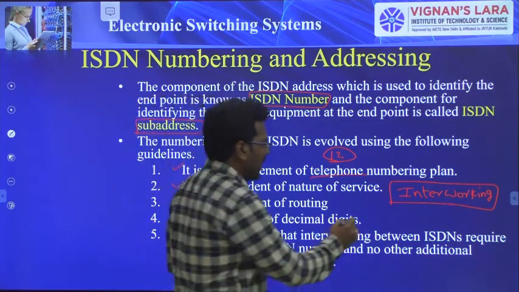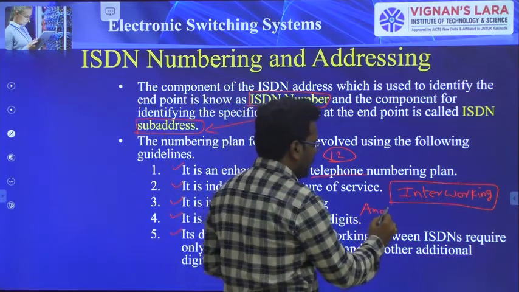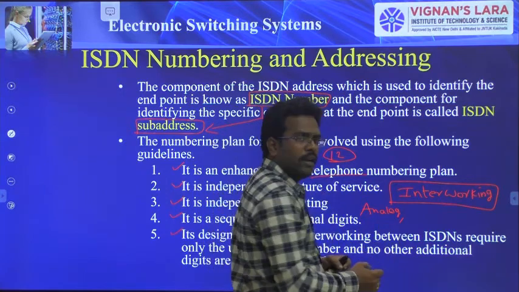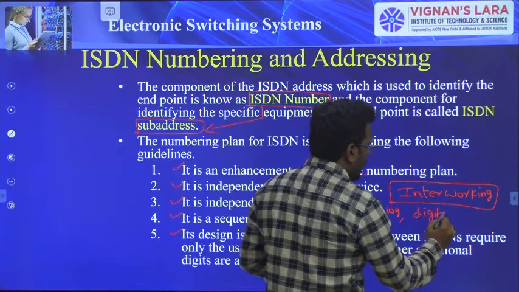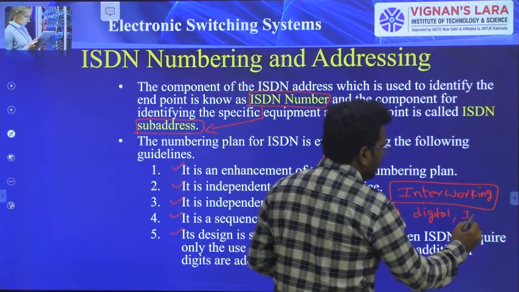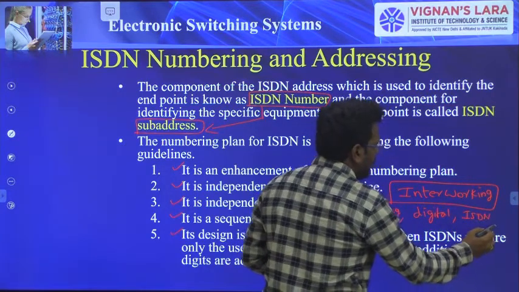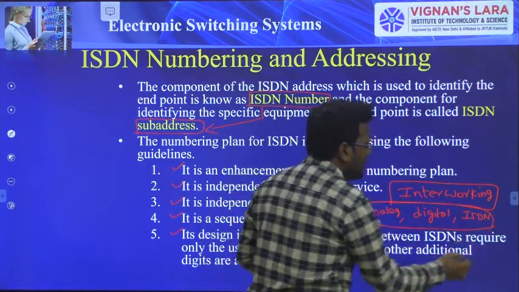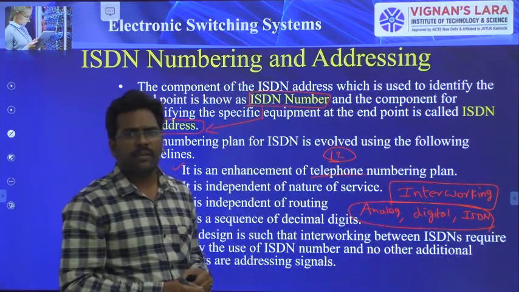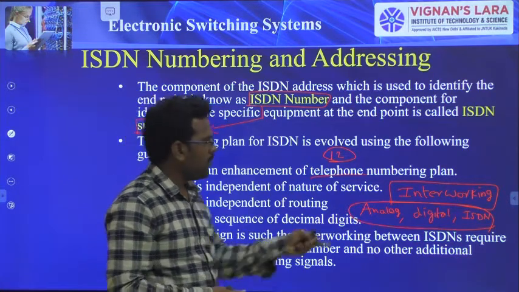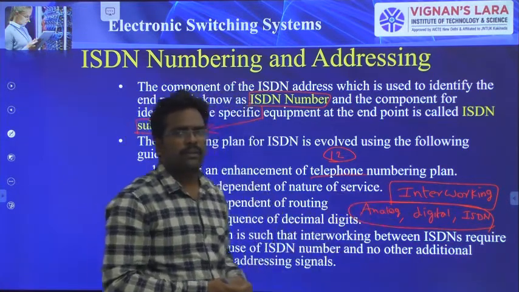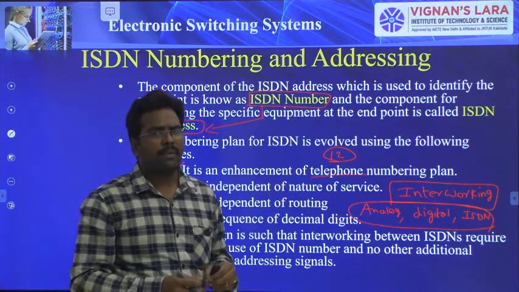For example, if you take analog, and if you take digital, and you can take some ISDN. If you want to operate these three networks with some compatibility, then you have to go for interworking. So for the interworking also, you have to provide some numbering plan.